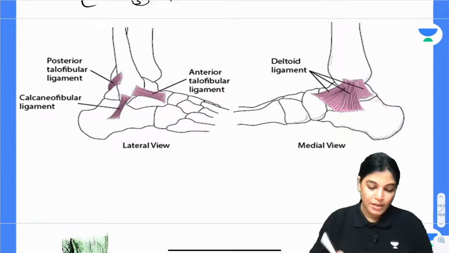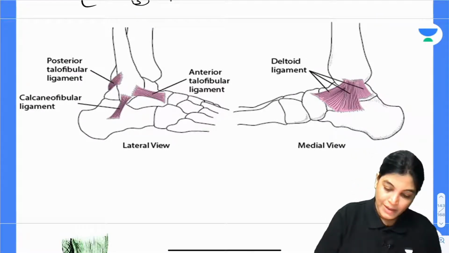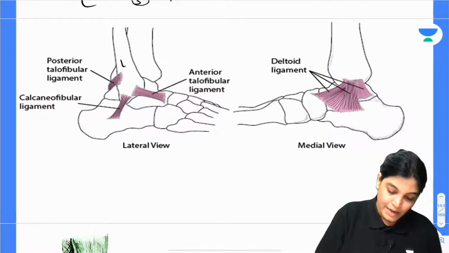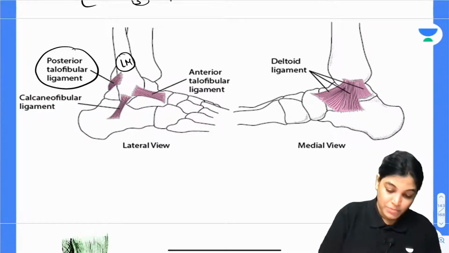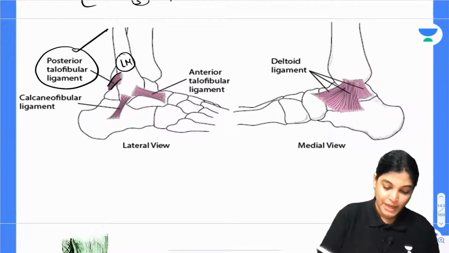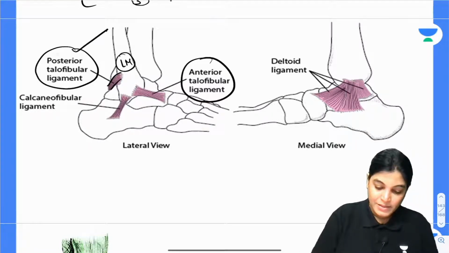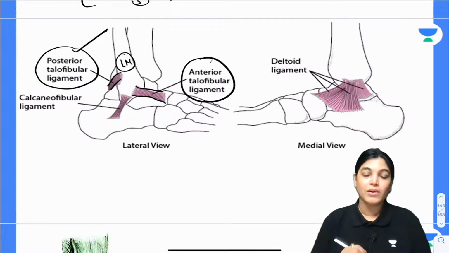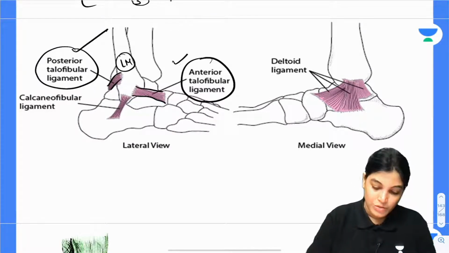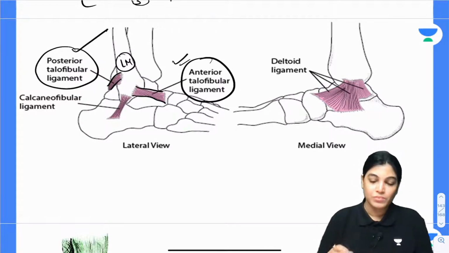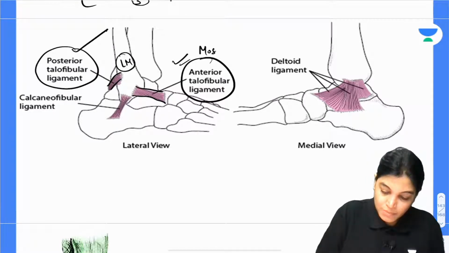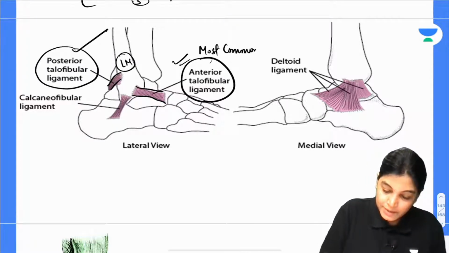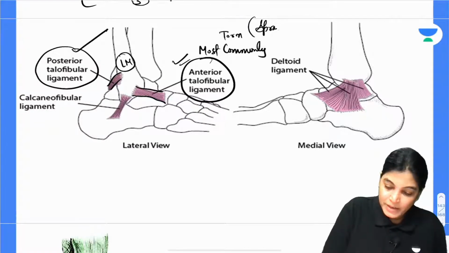This is the lateral malleolus, the lower end of the fibula. Posteriorly, extending from the lateral malleolus to the talus is the posterior talofibular ligament. Anteriorly, the extension from the lateral malleolus to the talus is called the anterior talofibular ligament. This is most commonly torn in case of ankle sprain.